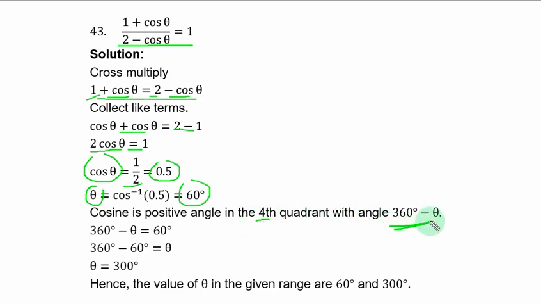You equate this to the previous value for you to obtain the other value of theta, and you have 300 degrees. Hence, the values of theta in the given range are 60 degrees and 360 degrees.